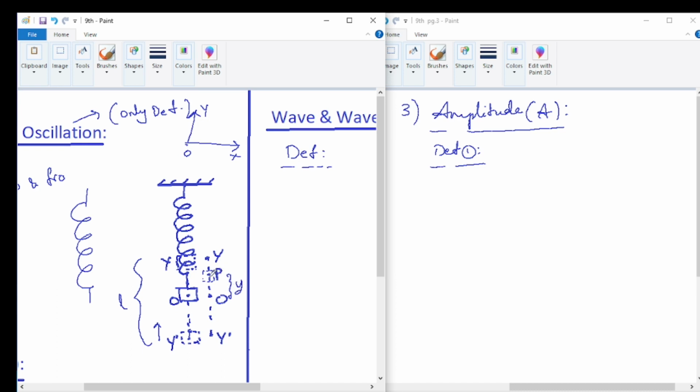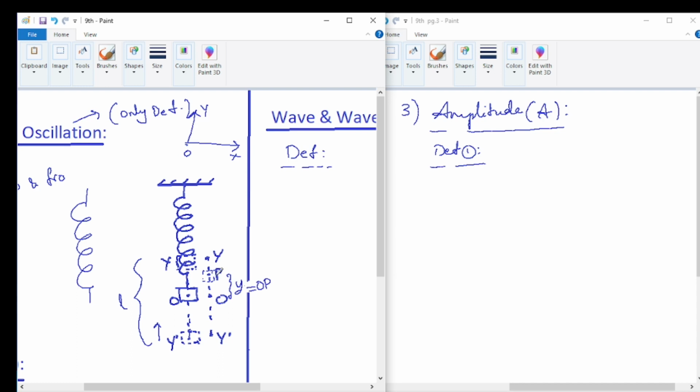As the load moves upwards, OP increases. So the displacement y is simply OP. As the load moves away from the mean position O during its upward motion, OP increases continuously.